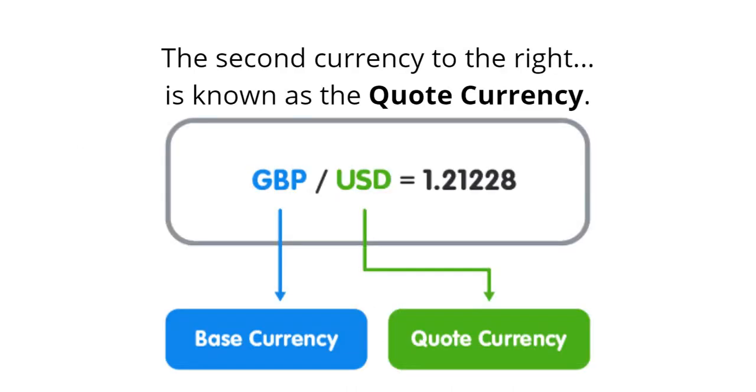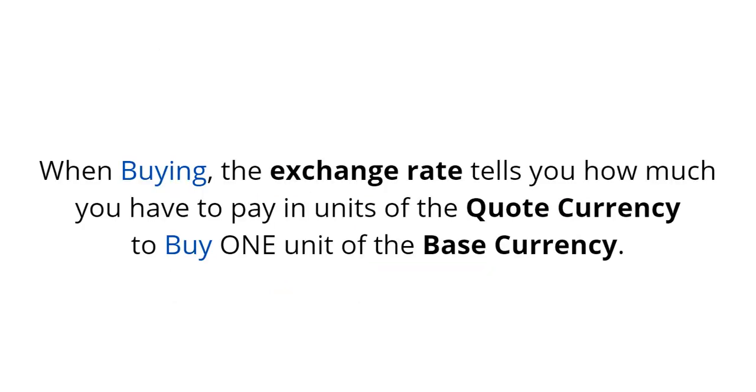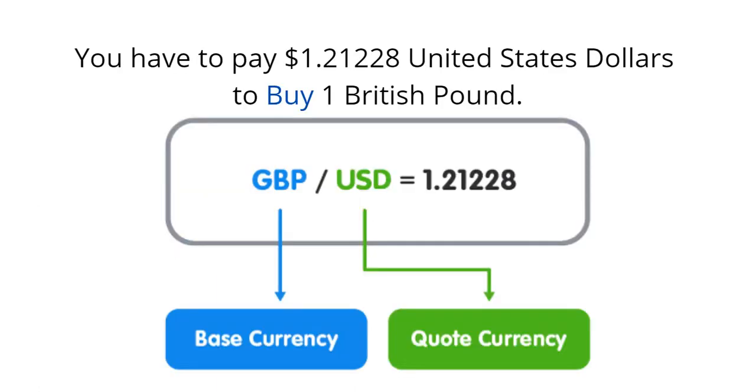Now the second currency to the right is known as the quote currency. And when buying, the exchange rate tells you how much you have to pay in units of the quote currency to buy 1 unit of the base currency. So simply put, by looking at this Forex quote in front of us, you have to pay $1.21 in United States dollars in order to buy 1 British pound.